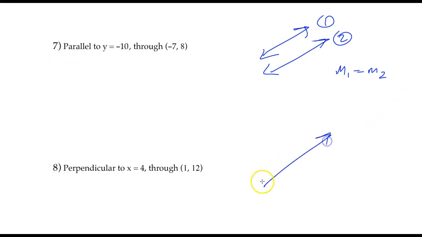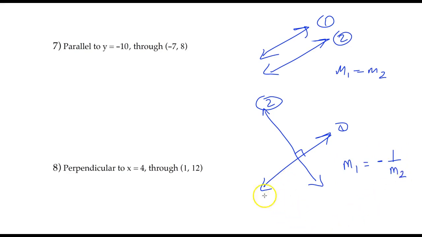Perpendicular lines cross, but they cross in such a way that they meet at a 90-degree angle. The relationship between these lines is that one line's slope is always the negative reciprocal of the other.